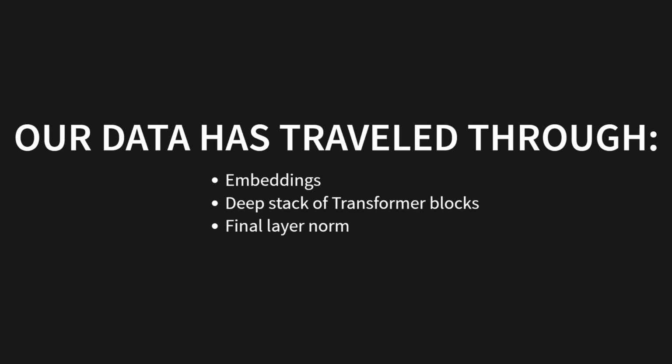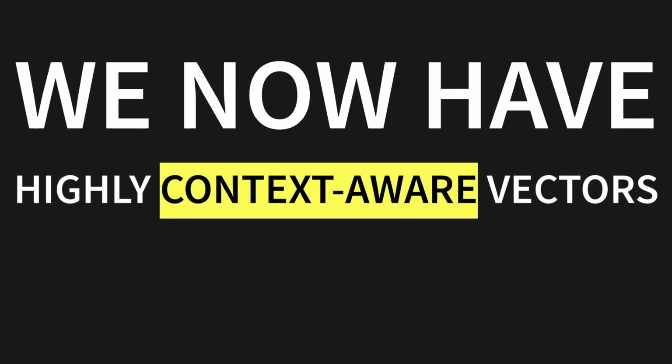We have reached the final architectural component of our GPT model. Our data has traveled a long journey. It started as embeddings, then went through that deep stack of transformer blocks, and was finally stabilized by a final layer norm. We now have highly context-aware vectors, one for each and every token in our sequence.